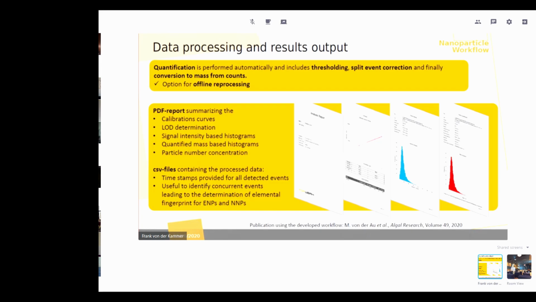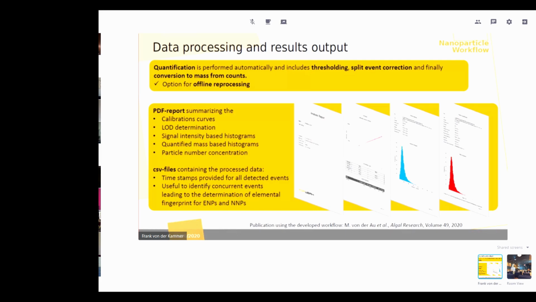So single peaks in the whole system are identified and compared with the elemental table. And then single particles are identified. There's a thresholding in terms of distinguishing from the dissolved background, and split event correction if you have had an event that was split across several measurements.